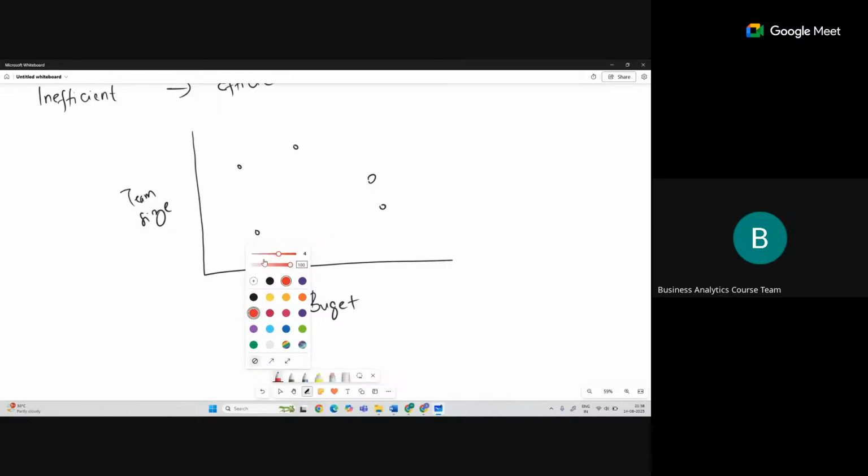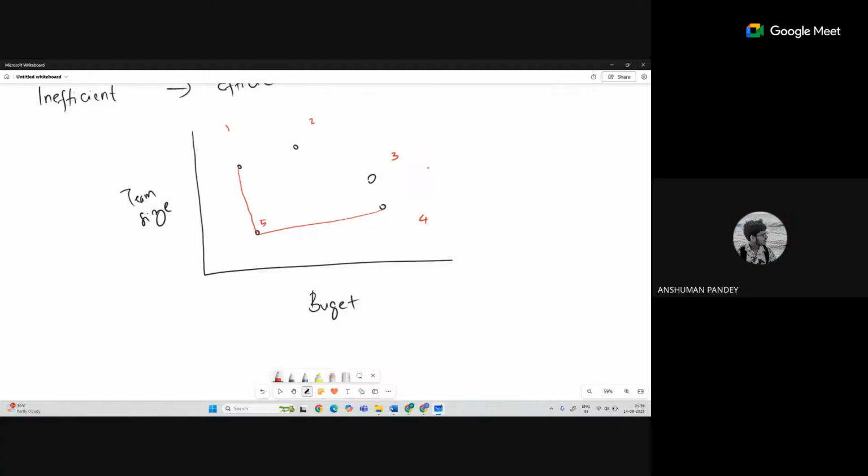Let me give names also. So let this be 1, 2, 3, 4, and 5. So what is my efficiency frontier? These guys. So my DMUs 1, 5, and 4 are efficient. 2 and 3 are inefficient. Do you agree?